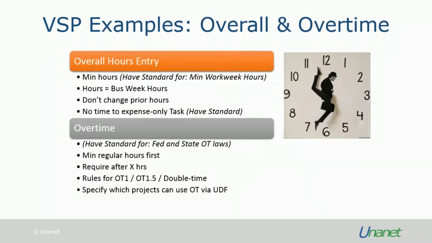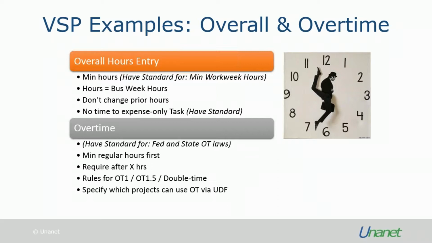Similarly, we have standard VSPs for federal and state overtime laws. If a person is working in a state where overtime laws apply, like California, there they have particular laws that a person is given 1.5 times their bill rate if they have worked more than 8 hours, and then double their bill rate if they have worked over a certain number of hours.